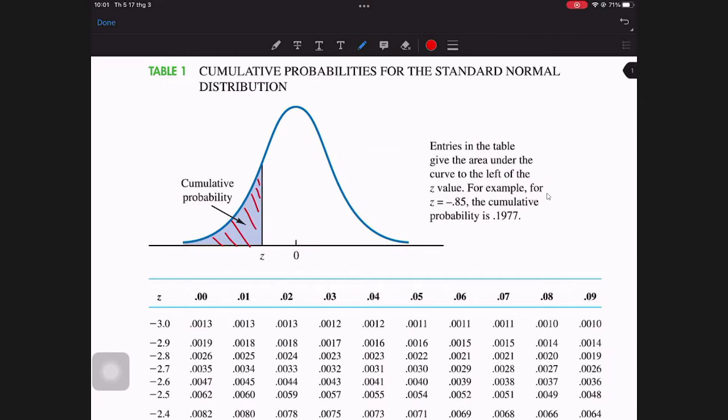So this table only gives you the area where Z will be smaller than or equal to some value.